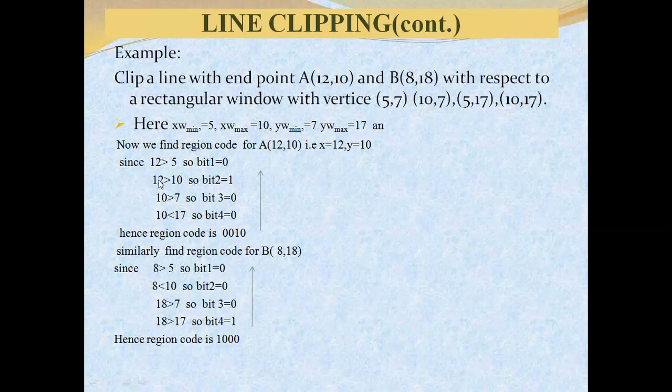X is 12, greater than x max, so bit 2 is 1. 10 greater than y min 7, that is bit 3 is 0, and 10 less than 17, bit 4 is 0.